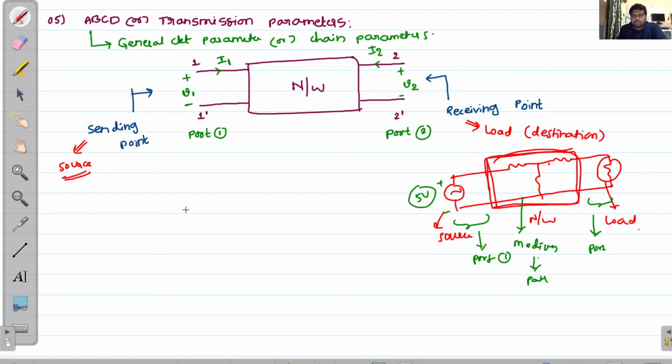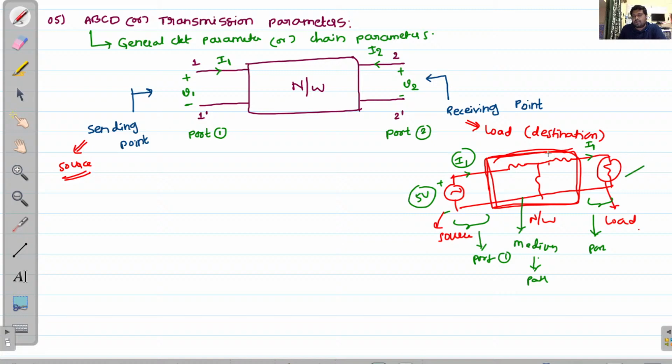So for example, here I am taking the current due to this 5 volts of voltage, so we are getting a certain amount of current. I can name it I1, right? So this I1 is distributed to all the elements of this particular network. Whatever amount enters this network, the same amount of current leaves through it, so here also we can expect I1 amount of current, and this can be transmitted to this particular load, right?